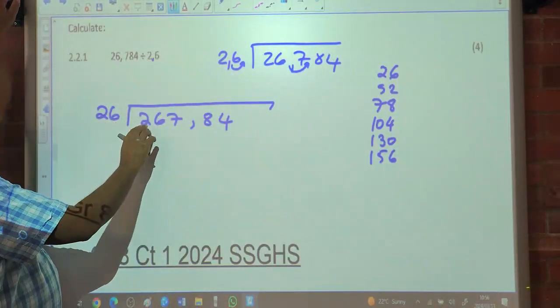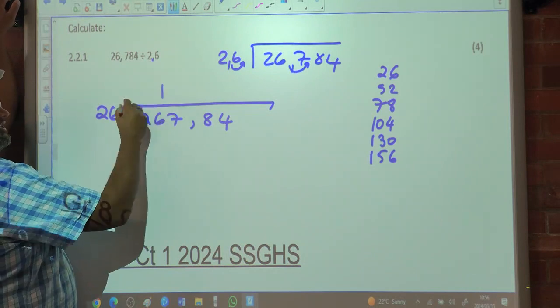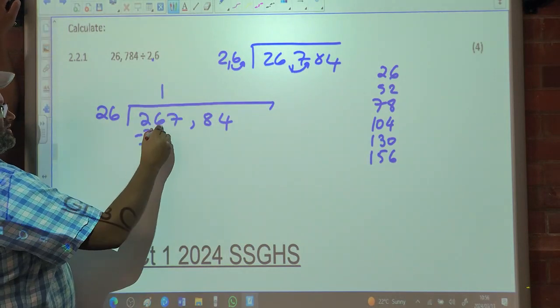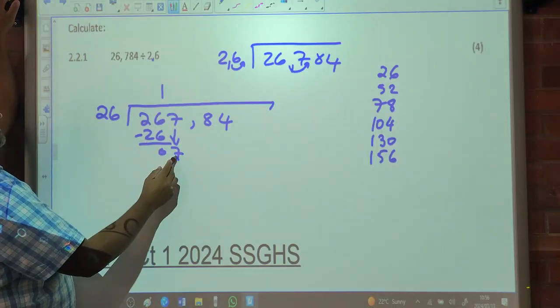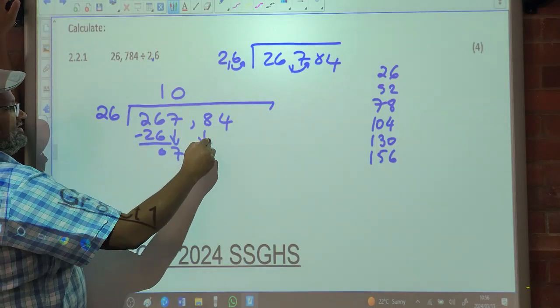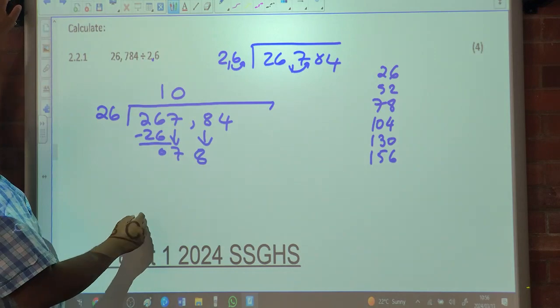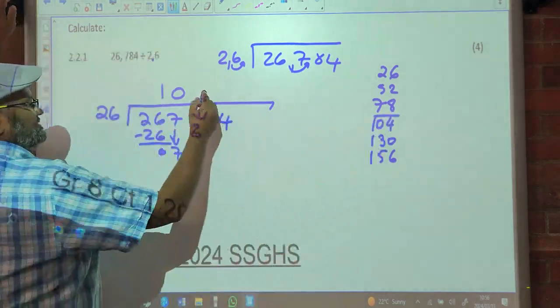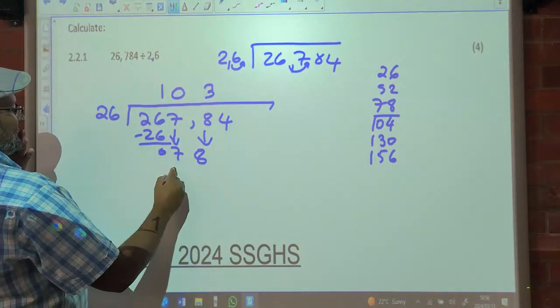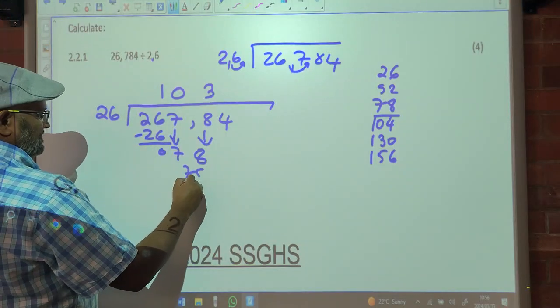Of course, 26 can't go into 2, but 26 goes into 26 once. 1 times 26 is 26. Subtract, you get 0. Bring down the 7. Can 26 go into 7? No. Bring down the 8. 26 goes into 78 3 times. 3 times 26 is 78.